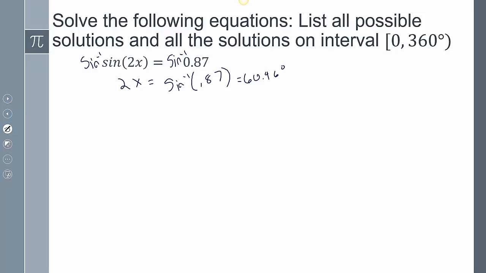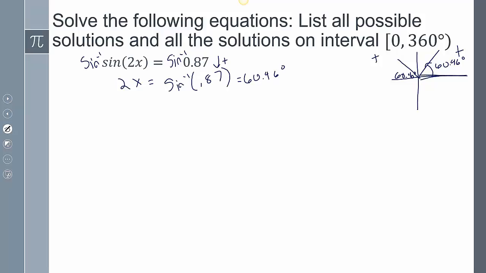Now we have to visualize this just a little bit. I know that this rotation here, this is 60.46 degrees. This is positive, so sine is positive in this quadrant and in this quadrant. Now trying to solve for the value, I know that the reference angle is going to be the same, so this is also going to be 60.46 degrees.